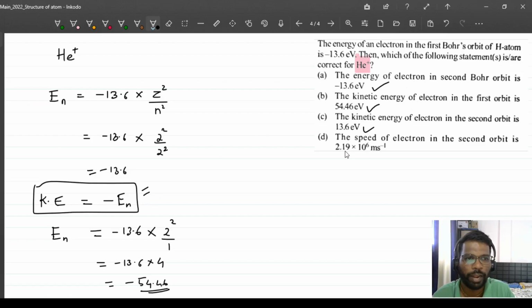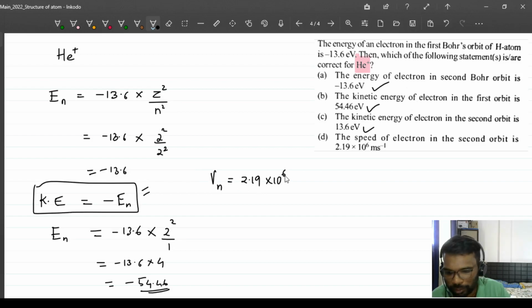The speed of the electron in the second orbit is 2.19 into 10 raised to 6 meter per second. How is velocity given? Velocity is equal to 2.19 into 10 raised to 6 into Z by n. For helium atom, Z is 2, and second orbit means n is also 2, and the 2s get cancelled.